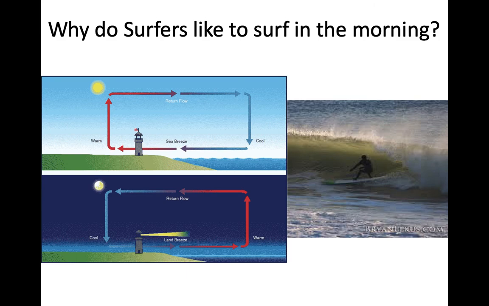This wind pattern is very regular and very predictable for frequent surfers. This happens because the land and the sea are two different bodies. The land and the sea absorb the heat of the sun and they change temperature at different rates. Sea is made out of water, land is made out of other materials.